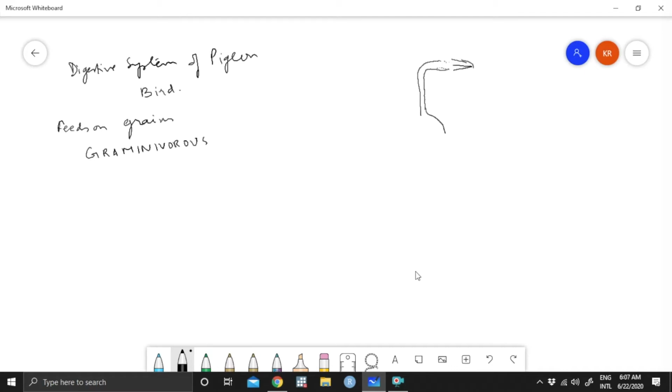The esophagus dilates substantially to give rise to a bag-like structure called the crop. Now is a part which is highly muscular called as the stomach. Stomach has got two parts, this muscular part which we call as proventriculus and a highly muscular structure which we call as gizzard.